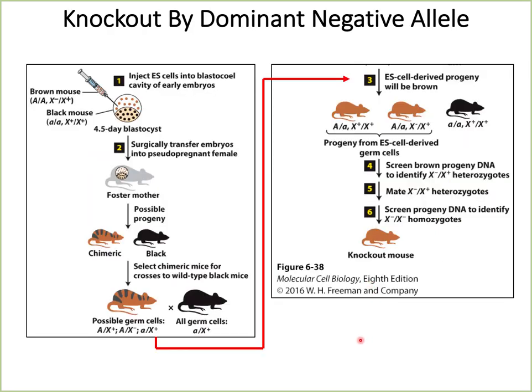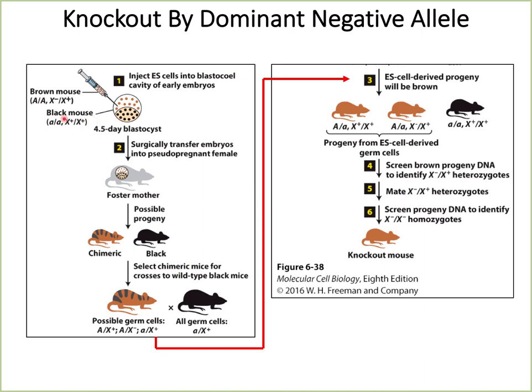On the other hand, this is a little bit more complex process where we actually knock out a dominant negative allele. So here, what we are looking at in step 1, these embryonic stem cells that are heterozygous for the gene knockout mutation, and we have a homozygous marker gene of the dominant allele, which is the brown coat color, are transplanted into the blastocoel cavity of about 4.5 day blastocysts that are homozygous for a recessive allele of the marker.